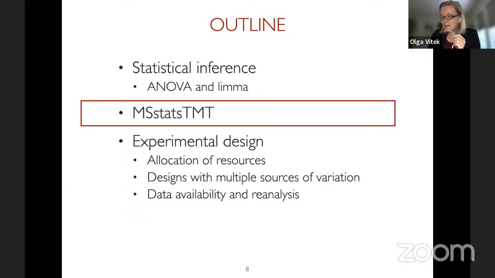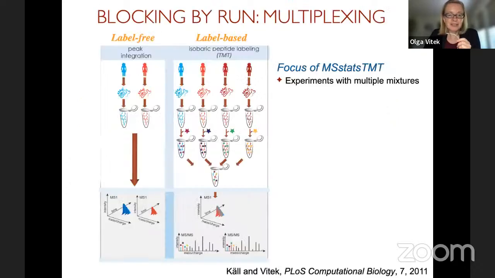Okay, so now we can talk about MSstatsTMT and what we actually do for a TMT specifically. So unlike label-free experiments, where, as in this older cartoon that we looked at yesterday, we have essentially one sample per mass spectrometry run, right?